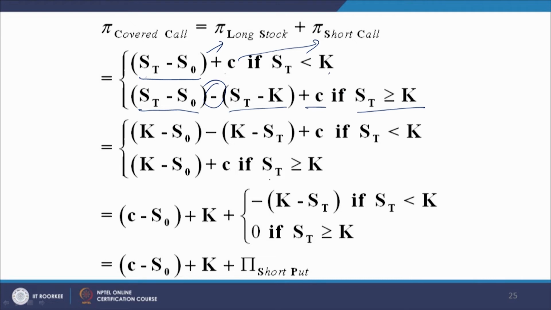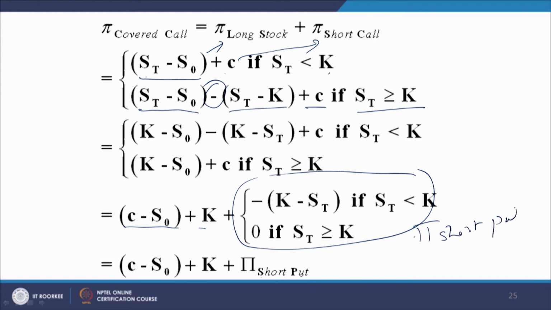So when you simplify this a little bit, what you have is C minus S0 plus K plus pi of short put. This is nothing but capital pi, the payoff from the short put.